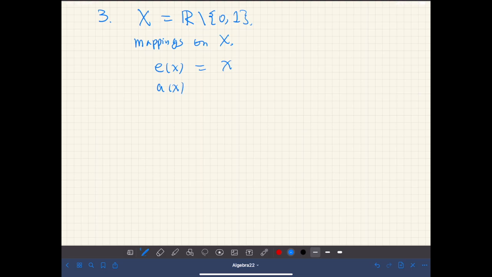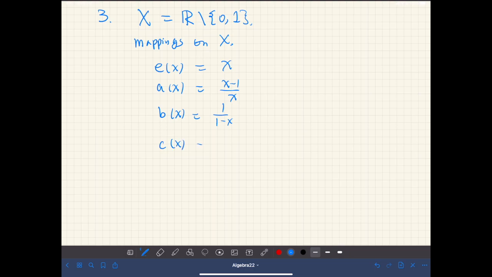And a of x is defined as x minus 1 over x. And b is defined as 1 over 1 minus x.